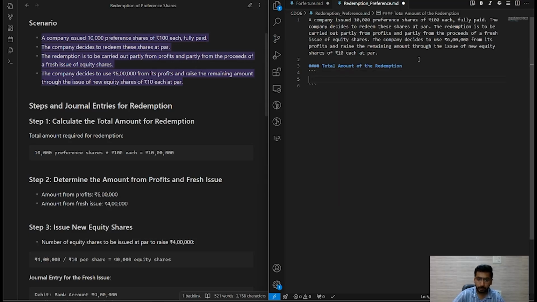Total amount required for redemption: 10,000 preference shares into rupees 100 each.